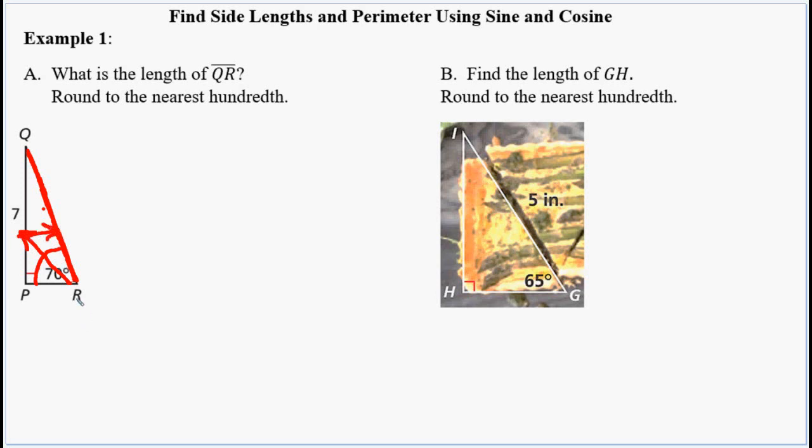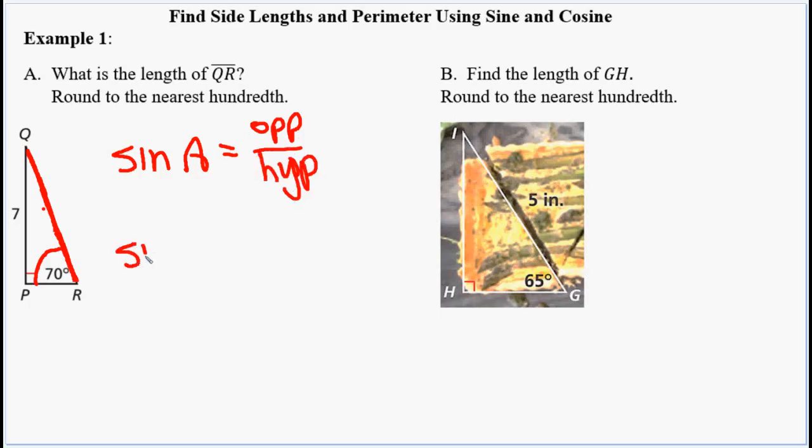We want the hypotenuse. So what trig function deals with opposite and hypotenuse? Well, the sine. The sine of the angle is equal to opposite over hypotenuse. So here we can do the sine of our 70-degree angle is equal to the opposite side, 7, over the hypotenuse. Let's just call it x.